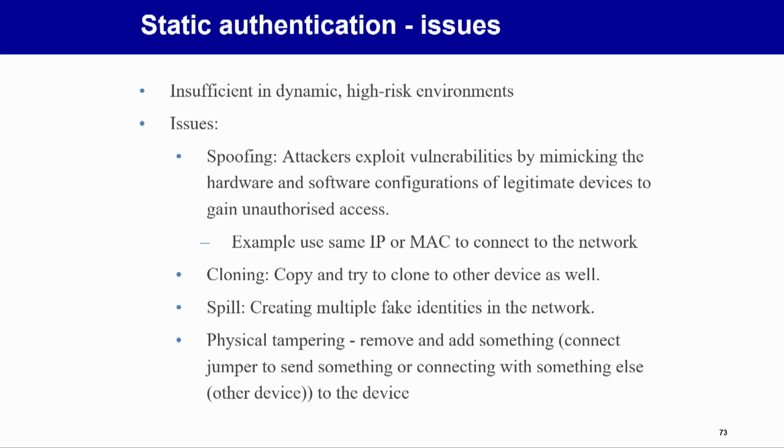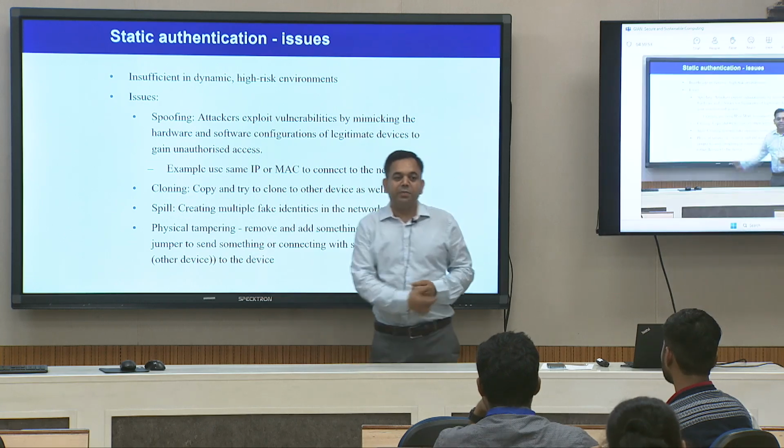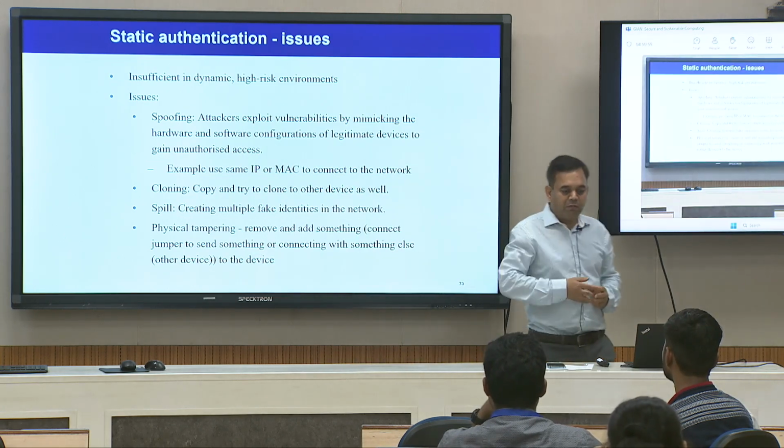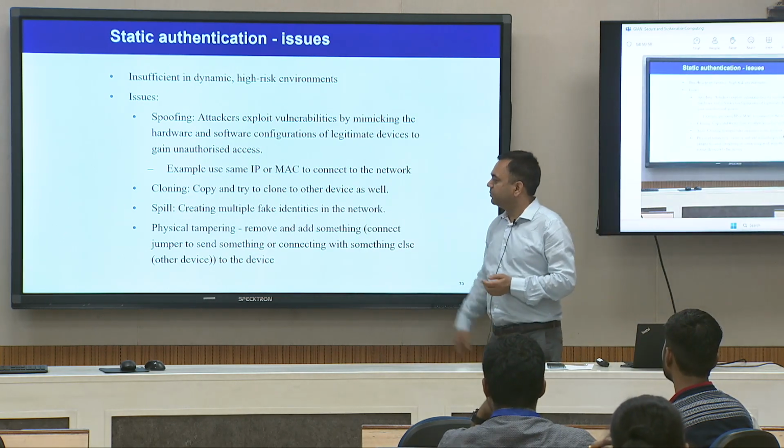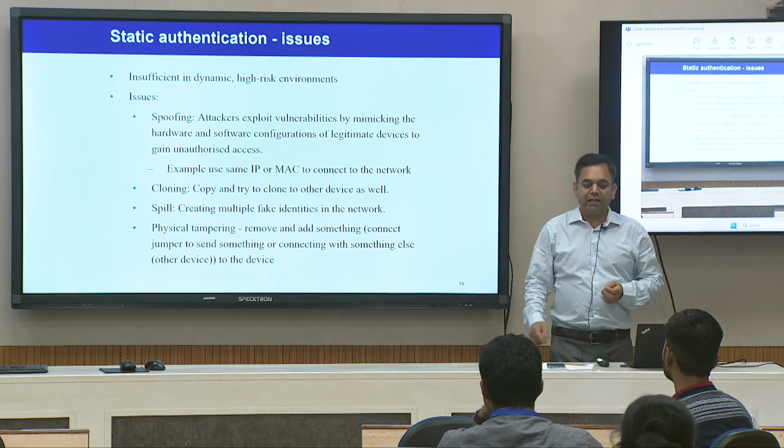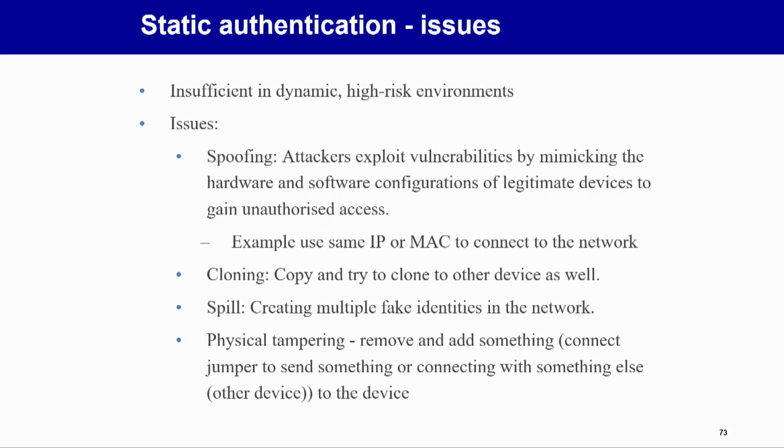Someone can also do some physical tampering. They can remove and add something, for example, connect a jumper to connect with some external device. So I would say these are some of the problems with static authentication.